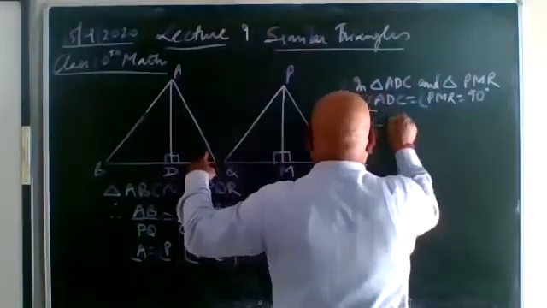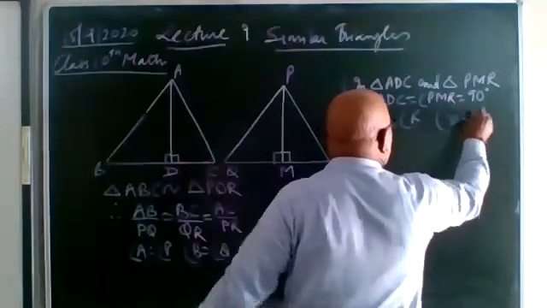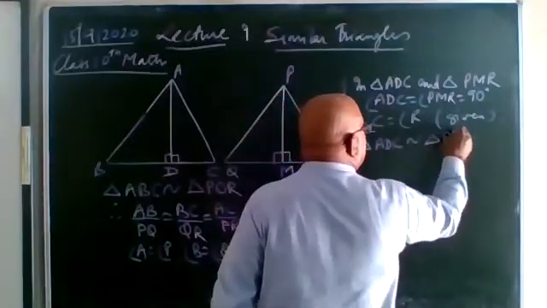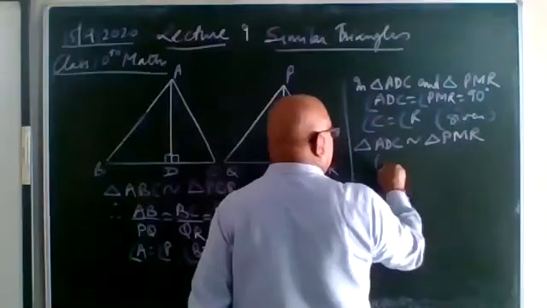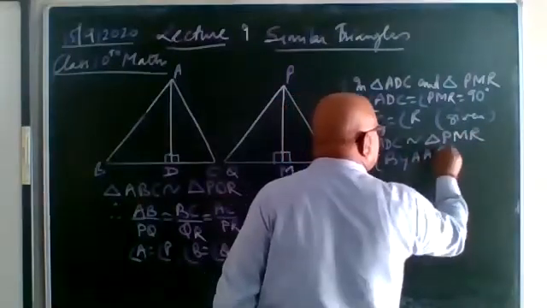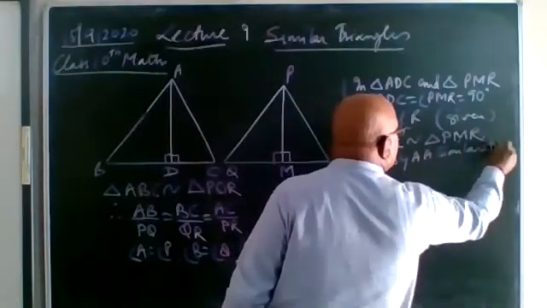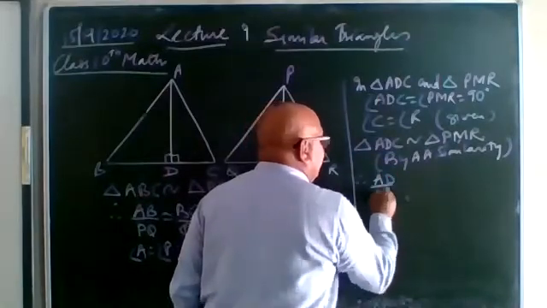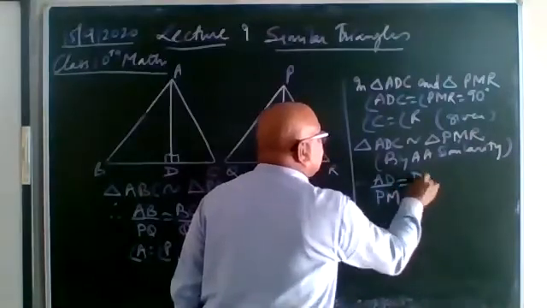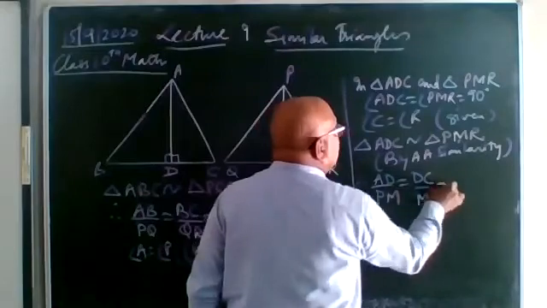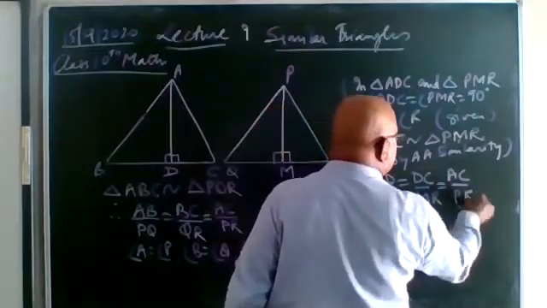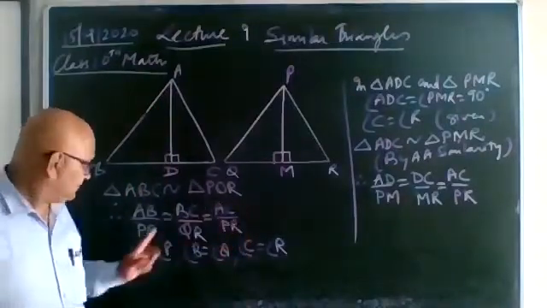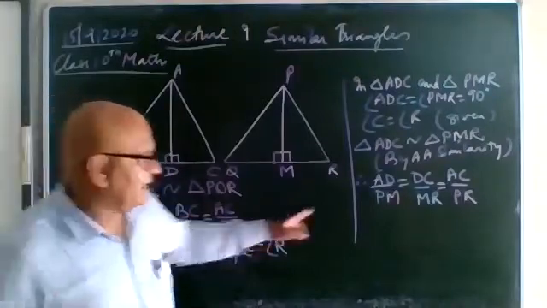Angle B equals angle Q. Given triangle ABC is similar to triangle PQR, so by AA similarity, triangle ABD is similar to triangle PQM. Therefore, AD upon PM equals BD upon QM equals AB upon PQ.